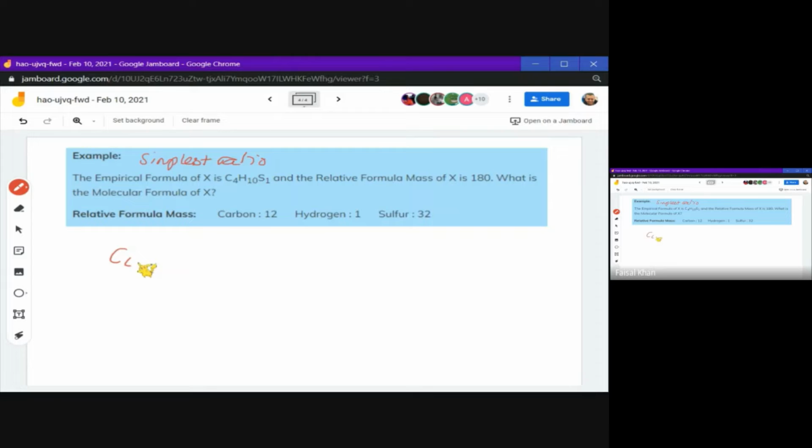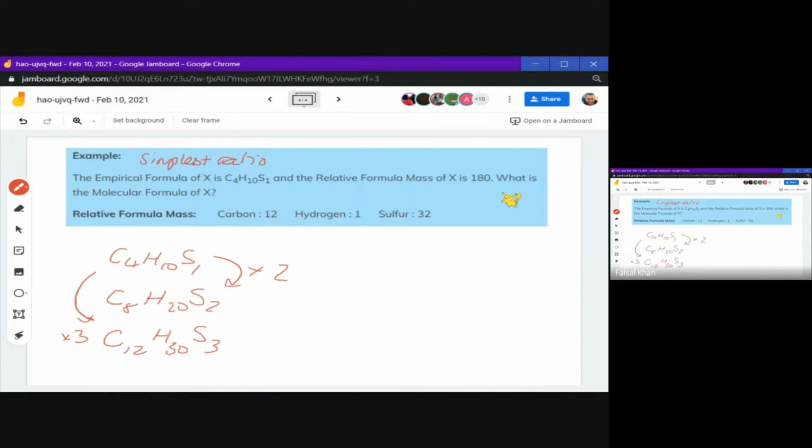We could have C4H10S1. We could have X as C8H20S2. We could have C12H30S3. Each time we're multiplying by the next number up: that one is multiplied by 2, and this one by 3.